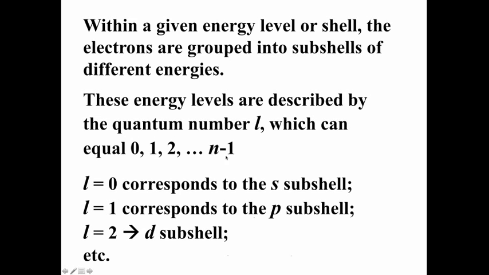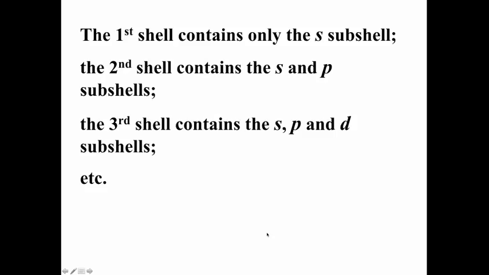So if the principal quantum number is, let's say, 4, then L can equal 0, 1, 2, or 3, which is 1 less than 4. L equals 0 corresponds to what's called an s subshell. L equals 1 corresponds to a p subshell. L equals 2 corresponds to a d subshell. L equals 3 corresponds to an f subshell. And that's as far as we will ever go.